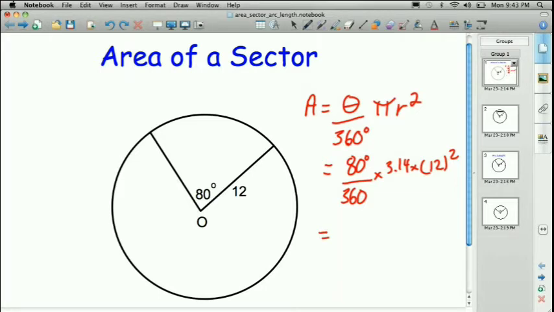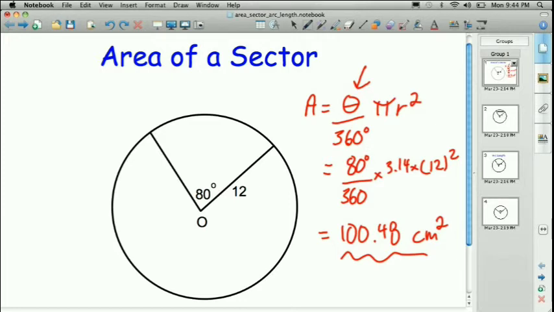So the zeros will cancel out, and 4 twos are 8, 4 nines are 36. So solve all these values, and after that find out what the total answer is coming. It is 100.48 centimeter square. It is the area of this given sector. I hope you have understood this question very well.